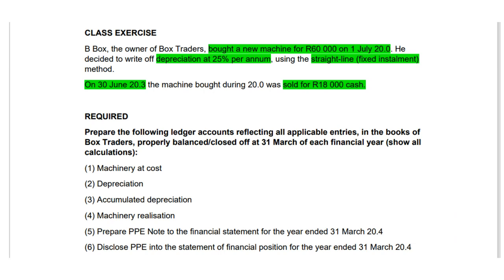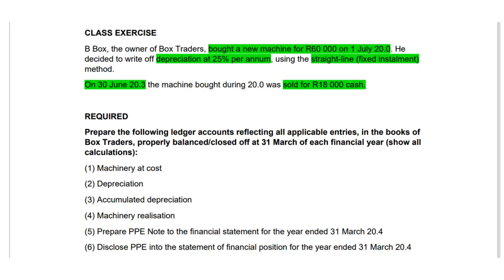We know when you buy an asset, we bought this asset for 60,000 rand on 1 July 20.0. Let's assume here that it was bought for cash. In the question, they will tell you whether it was bought for cash or on credit. But here, let's just assume, because I think I missed putting that it was bought for cash. They bought it for 60,000. So what journal entry are we going to write?